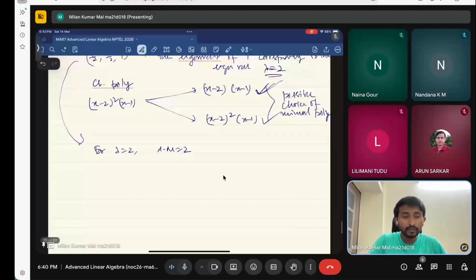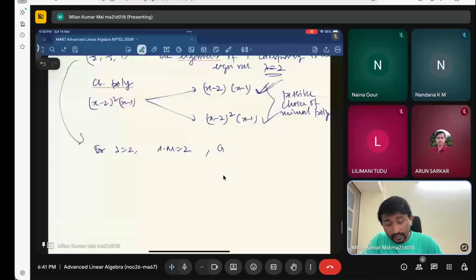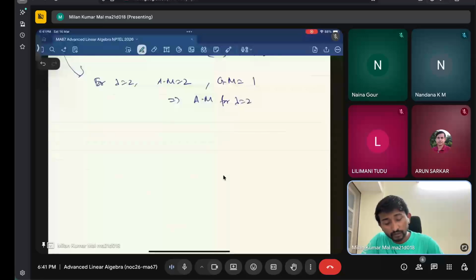But if it is diagonalizable, then the algebraic multiplicity has to be equal to the geometric multiplicity, because that's what I mentioned earlier. This is if and only if. Diagonalizable if and only if. That says the algebraic multiplicity for lambda equal to 2 is not equal to the geometric multiplicity for lambda equal to 2.